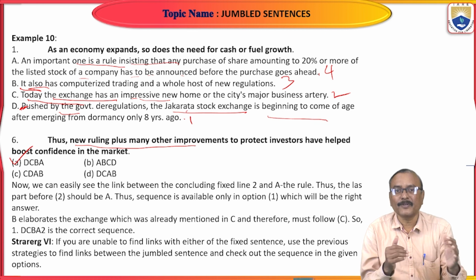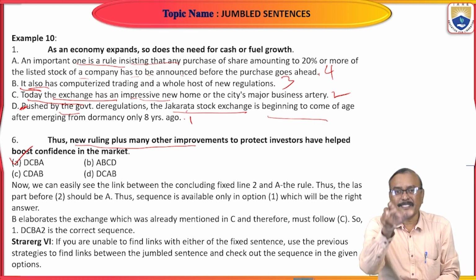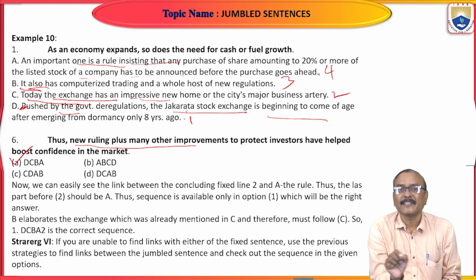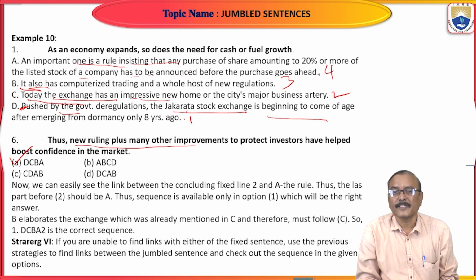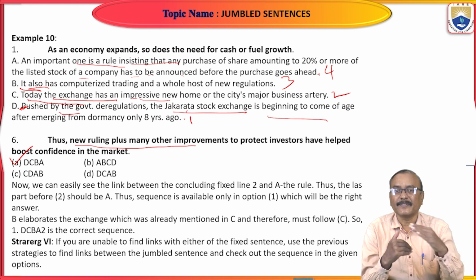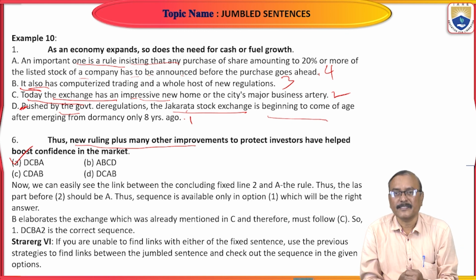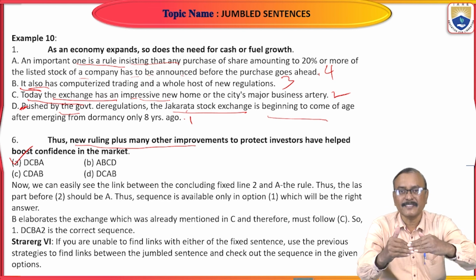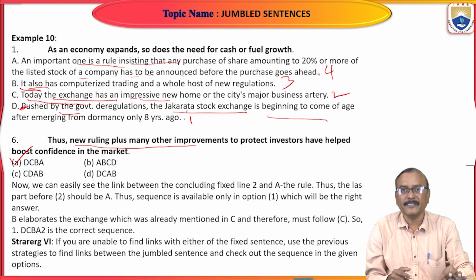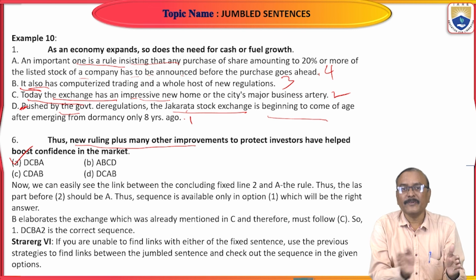If you know how to link, don't be carried away simply by some words. Think of the meaning also. Is it clear? And think of the relation between two sentences. And the best thing is, if you are able to select the first sentence, then see the options and remove the other options.